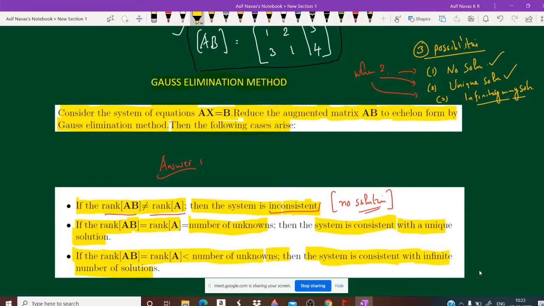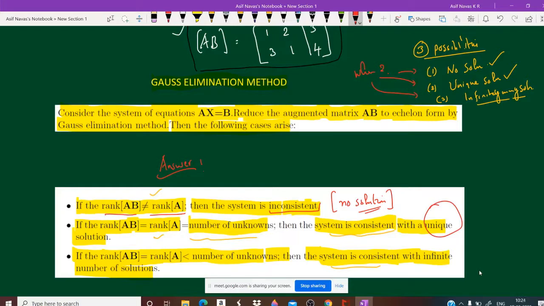So the conditions are: if rank of AB is not equal to rank of A, the system is inconsistent. If rank of AB is equal to rank of A, the system is always consistent. If rank of AB is equal to rank of A is equal to the number of unknowns, then we have a unique solution.